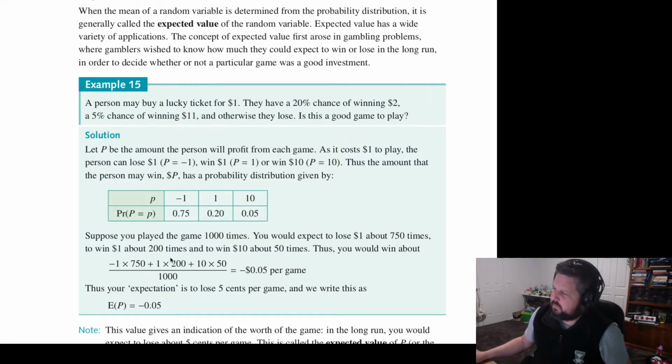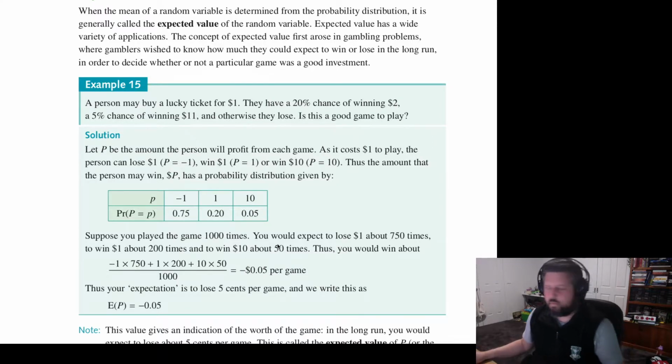They're saying here, if you played that game 1,000 times, you would expect to lose $1 about 750 times, because we're multiplying by 1,000. Again, you'd win $1 about 200 times out of the 1,000, and you'd win the $10 about 50 times out of the 1,000.